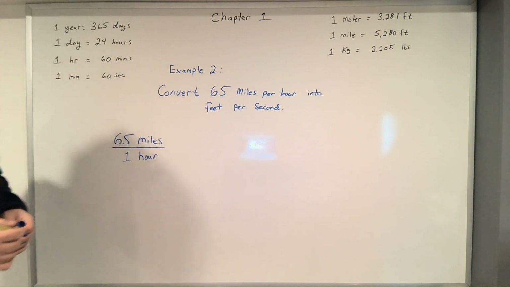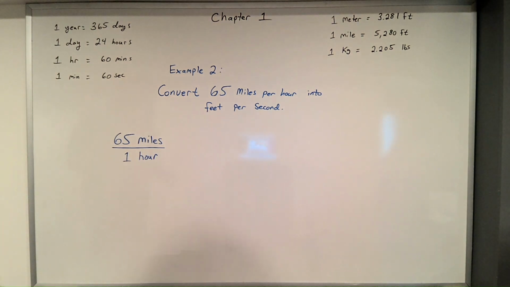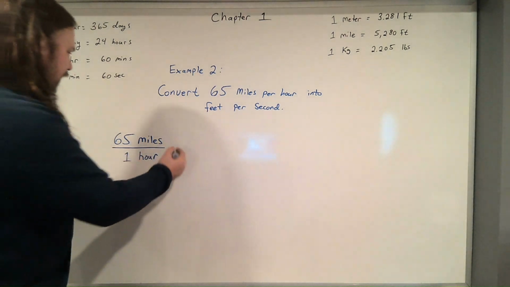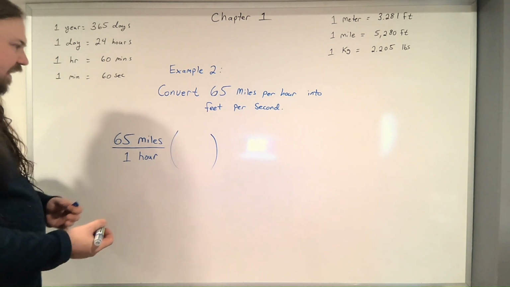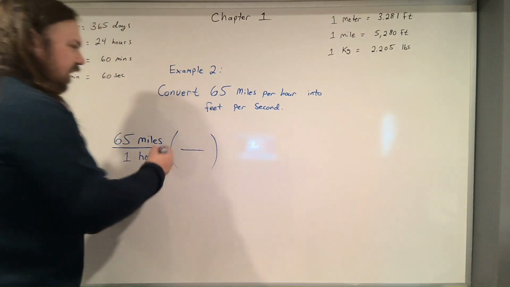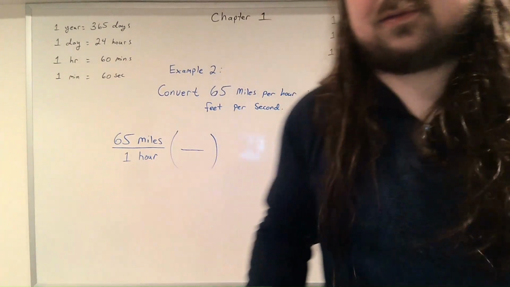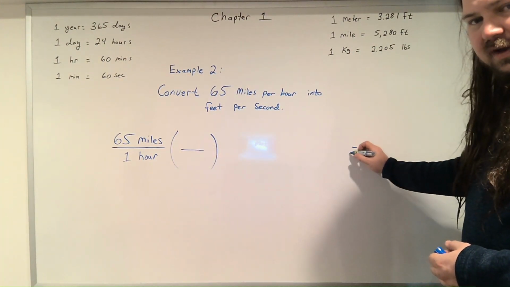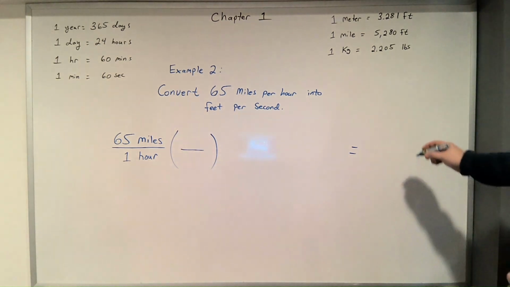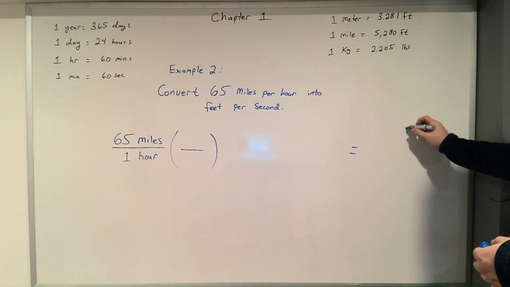So that's what I got started. Now, this isn't in the units I want to end in, so I know that I'm going to have to do some multiplication. I'm going to have to do some conversions. How many am I going to have to do? Well, it's going to be a little harder problem, so it's going to actually be quite a bit. But I know that my answer should be in feet per second.